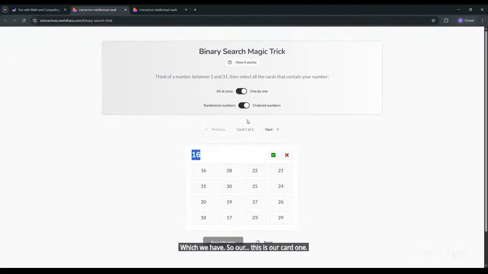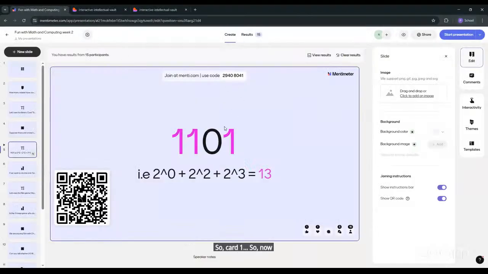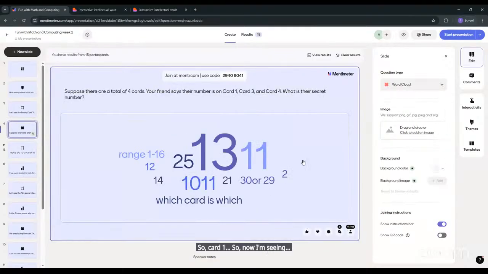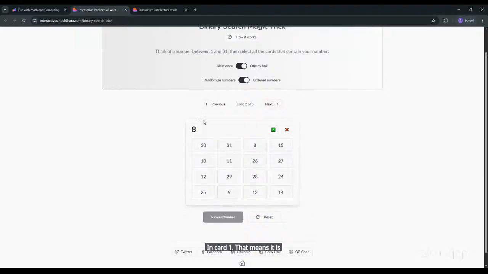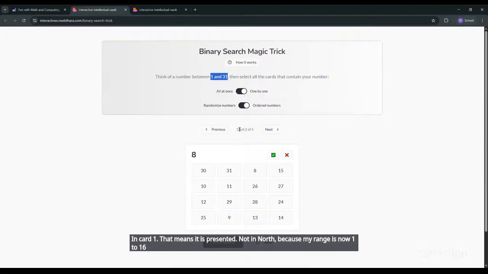In this example which we have, this is our card 1. If we go one by one, card 1 was 16, card 2 was 8, card 3 was 4, card 4 was 2, and card 5 was 1. So now I'm saying that my card was present in card 1. That means it is not present in it now, because my range is now 1 to 16 and my total cards are not 5.